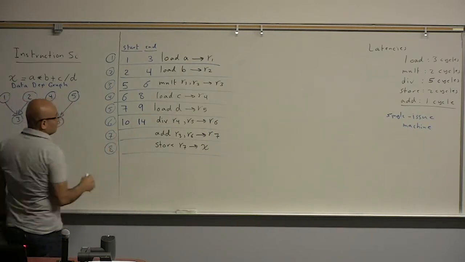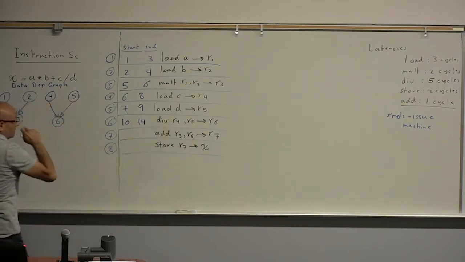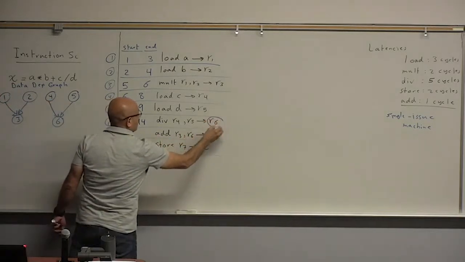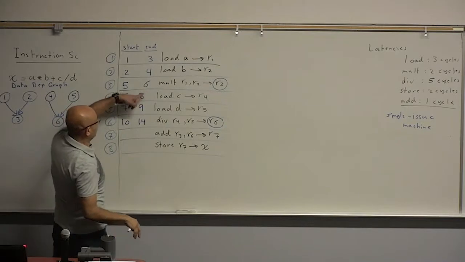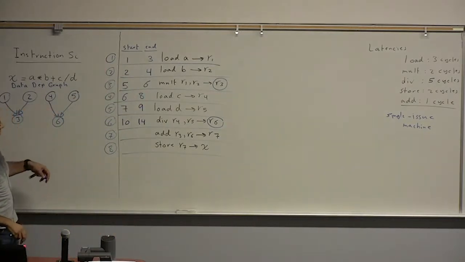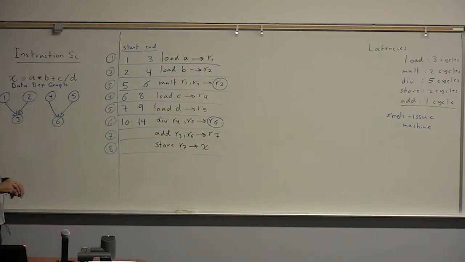Now, the add, is it dependent or independent? Dependent. It's dependent on the divide. It's dependent on this and this, actually. This dependence is not a big deal because the result is already available starting cycle 7. But this is the dependence that is going to cause a delay.